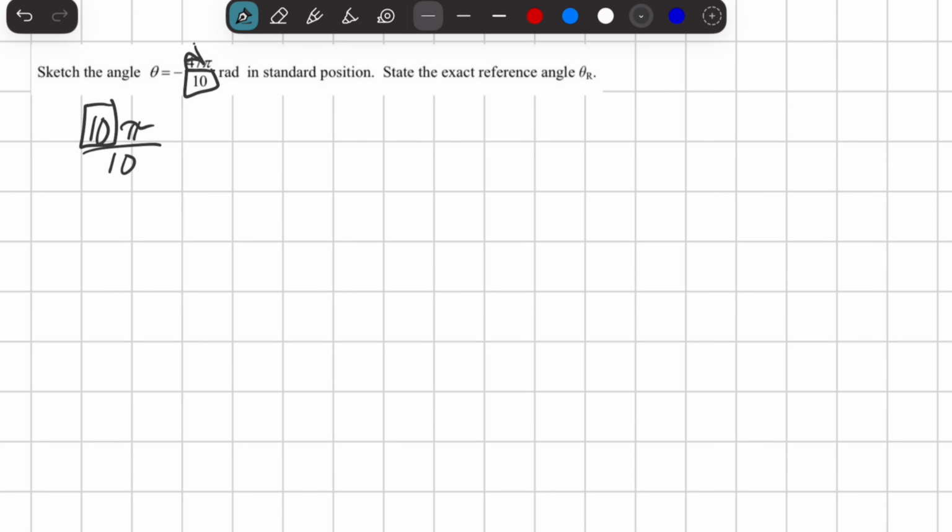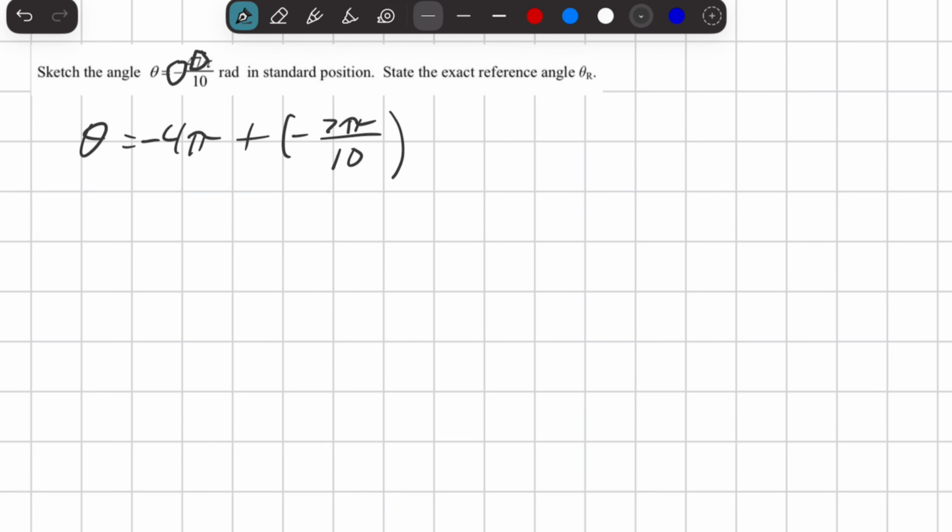Because when we have 10 pi over 10, it's going to be 180 degrees. So it will go into 47 4 times. So we get our angle equals 4 pi, and then negative 4 pi, because I forgot we have a negative there. And then we're left with negative 7 pi over 10.